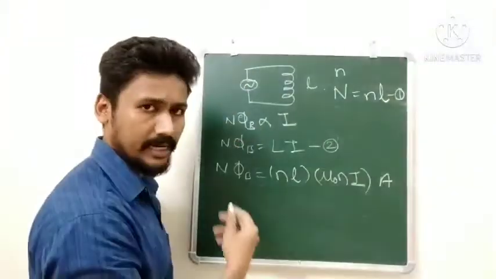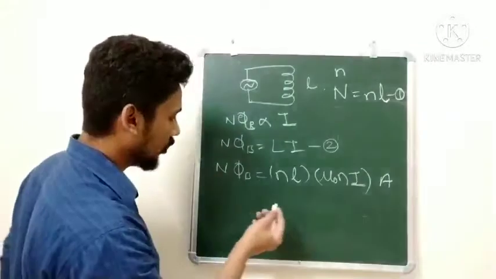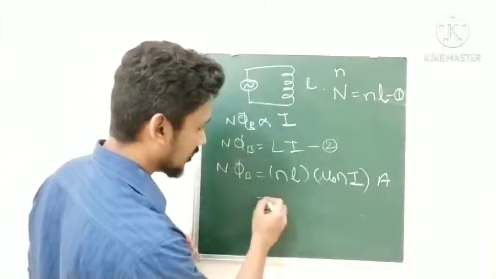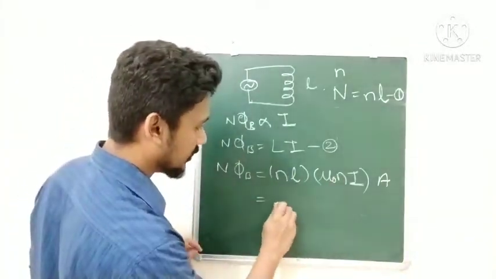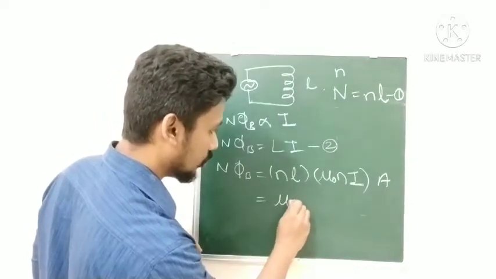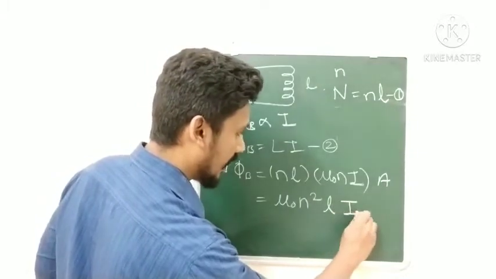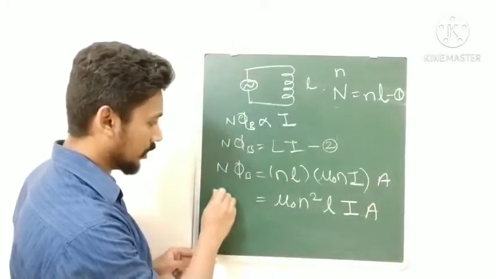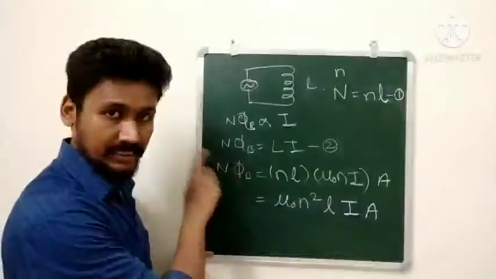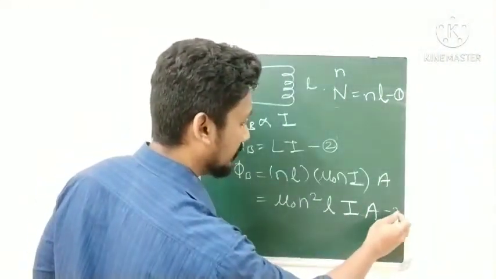Here we need not calculate the area differently. So what do you get? N phi B is equal to n into n, you will get n square. So let us write it like this: mu naught n square L into I into A. This is the flux linkage. Let us write this as equation number 3.